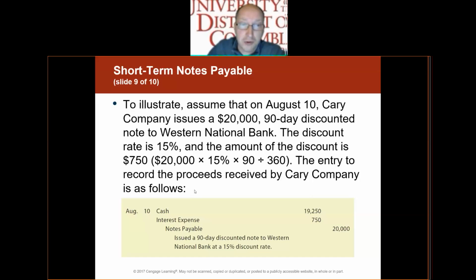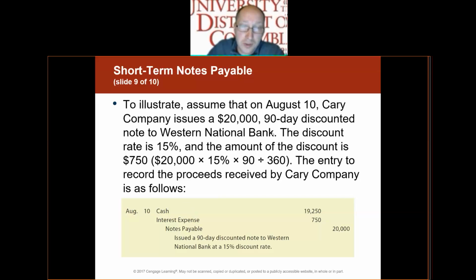The entry to record the proceeds received by the company is the following. We debit cash $19,250. Why $19,250, you might be asking. Remember, the principal amount was $20,000.